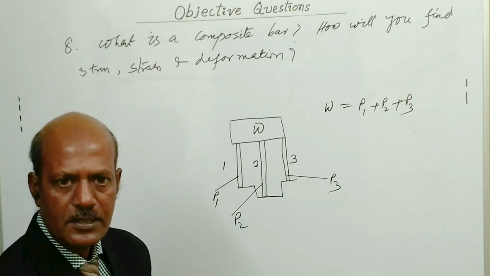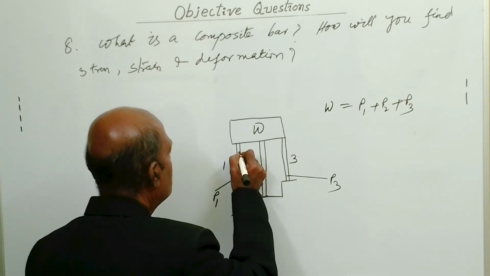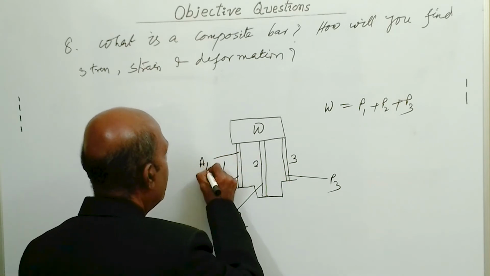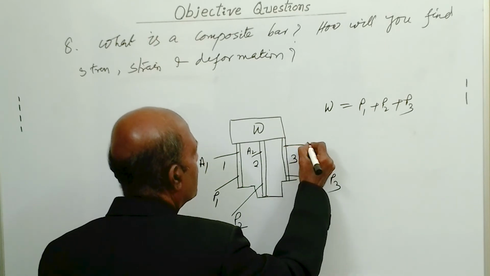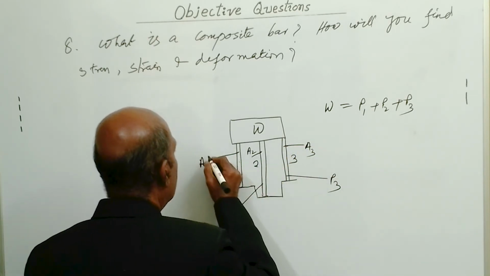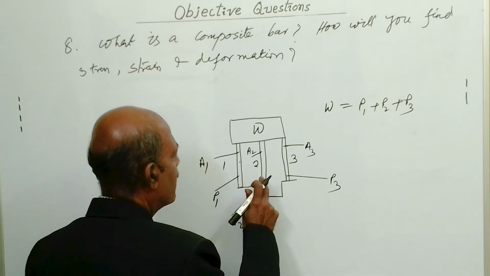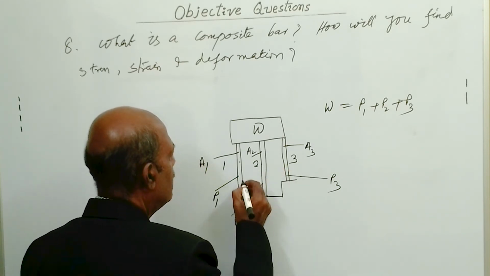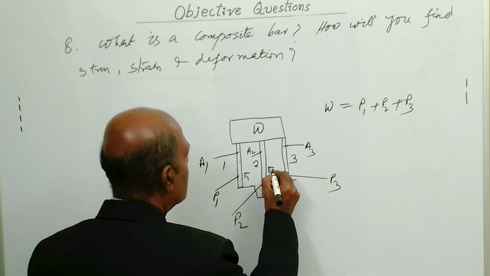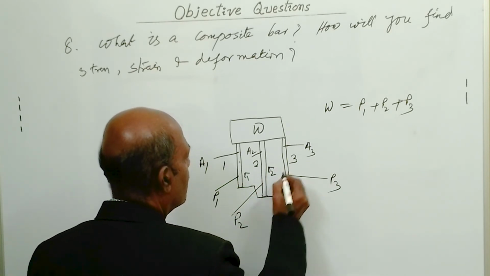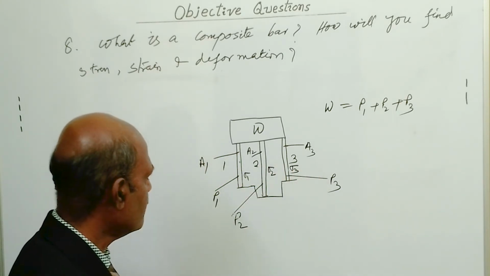Now for the stress developed in the bar, we should know the area of member 1, member 2 and member 3, and the materials may be different. Let sigma 1 be the stress developed in the first bar, sigma 2 the stress developed in the second bar and sigma 3 the stress developed in the third bar.